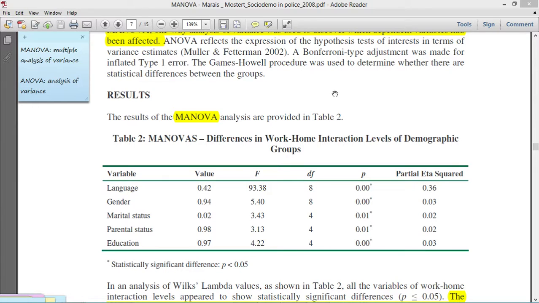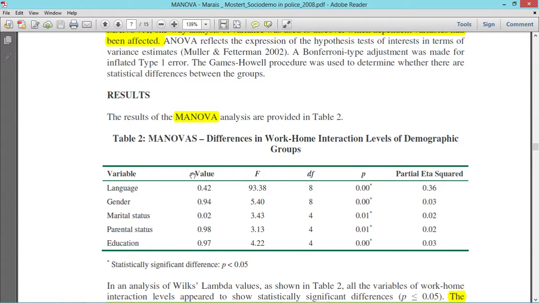So now, in the case of MANOVA, MANOVA will tell us whether a statistically significant difference exists among the subgroups of a variable in terms of the dependent variable. In this case, the dependent variable is work-home interaction levels.